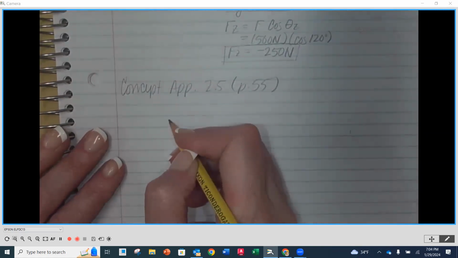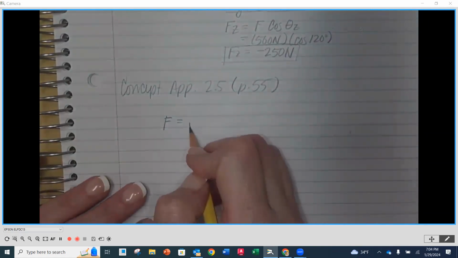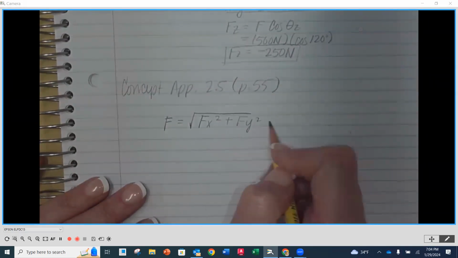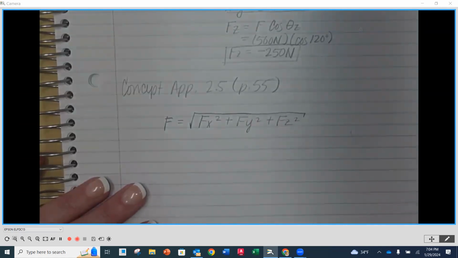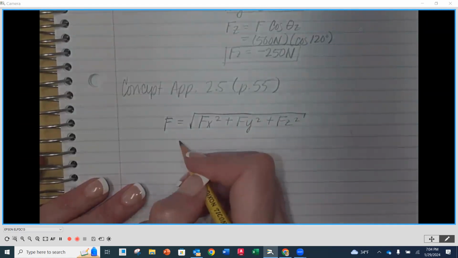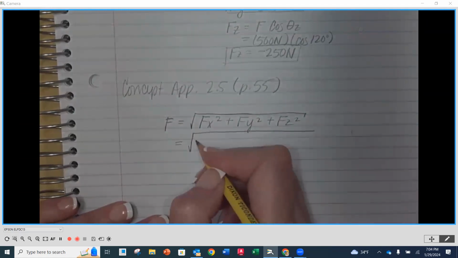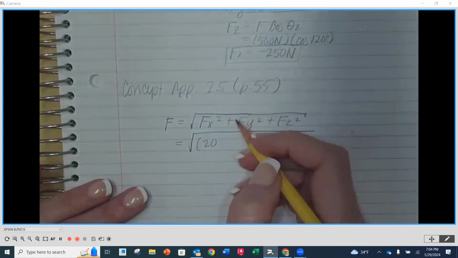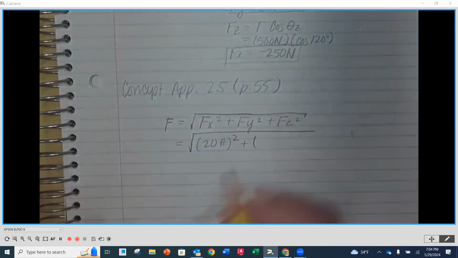Our first step is we want to find the magnitude of the force knowing the components. So F is going to be equal to the square root of Fx squared plus Fy squared plus Fz squared. So now, using the values that we were given, it's going to be the square root of 20 pounds, I'm going to use the symbol because, again, the L starts to look like 1 sometimes, squared plus, now this is a negative 30 squared.